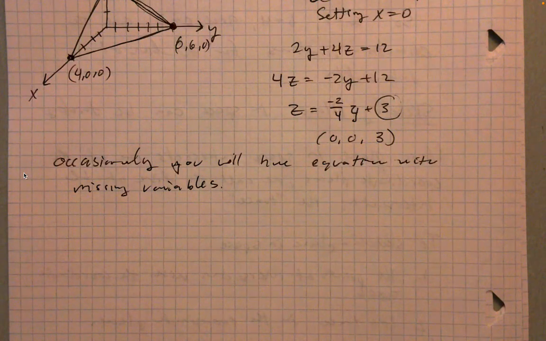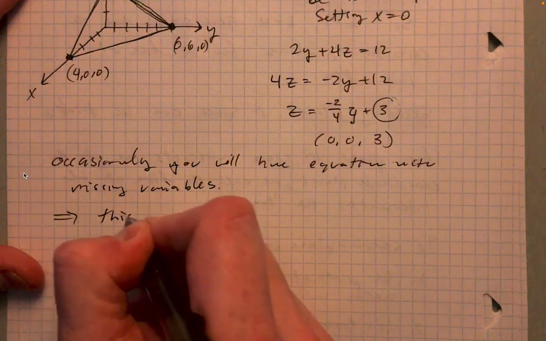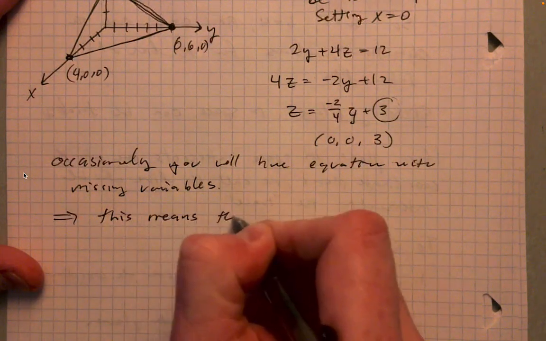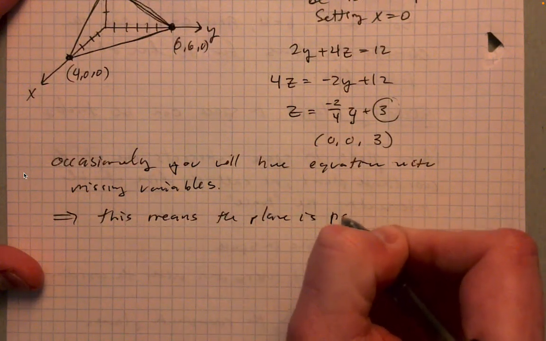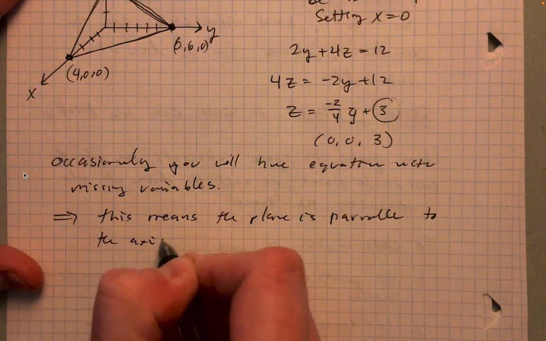Okay, a missing variable. What that is going to indicate is that the plane is parallel to the axis. This means the plane is parallel to the axis.